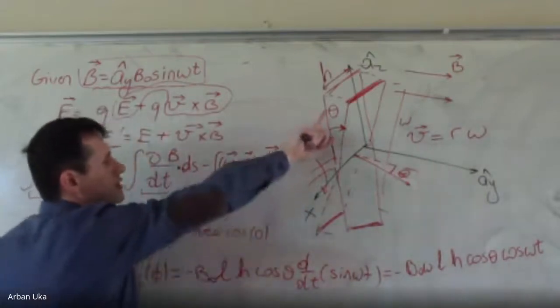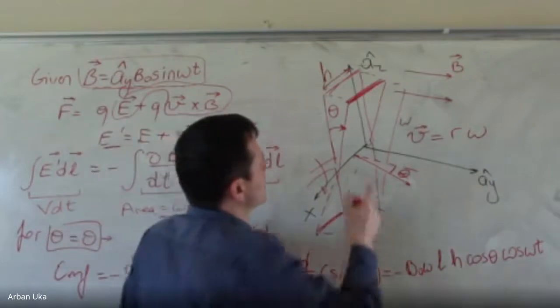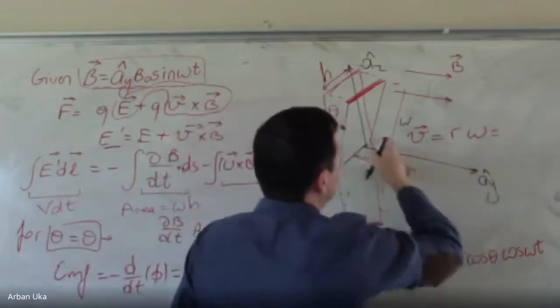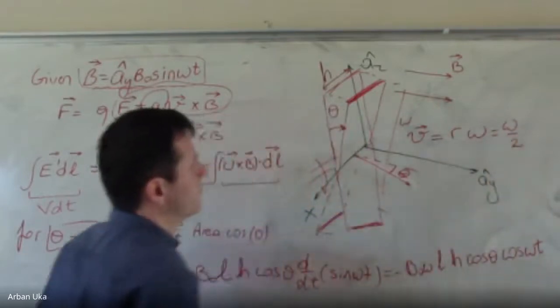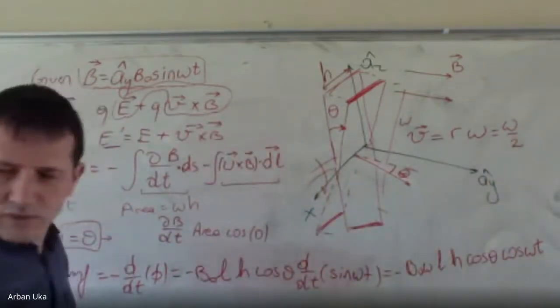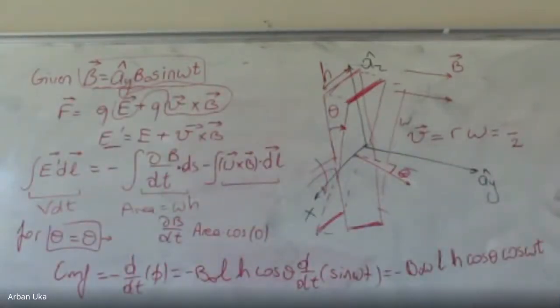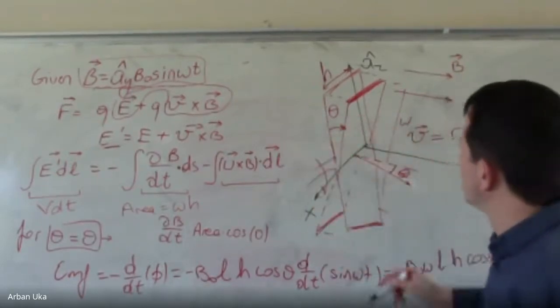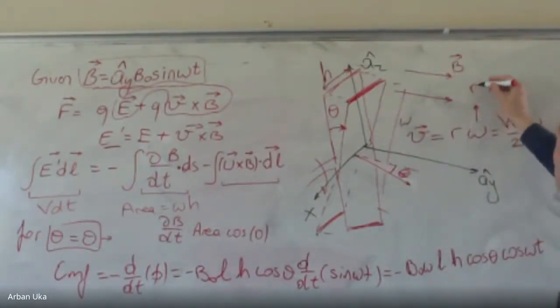So if the circuit is rotating like this, fixed at this point, R is the radius. This is going to be equal to W over 2. Let this be the width times the omega, and now the omega is going to be the angular velocity, so this has units of radian per second.